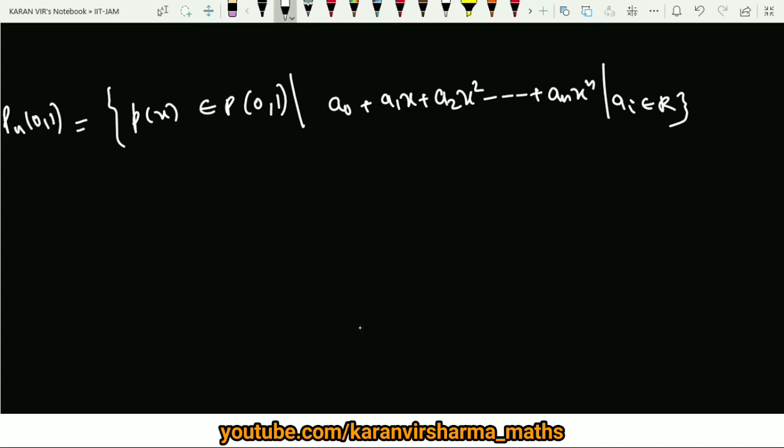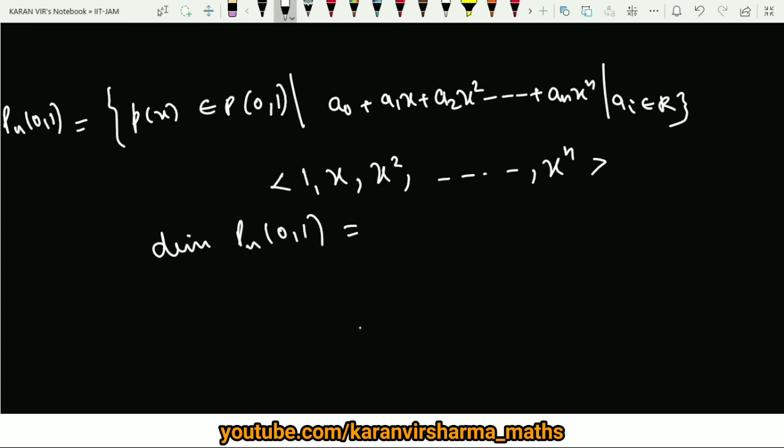So this is a collection of all the polynomials. This space can be generated by the standard basis, which is 1, x, x squared, x cube and so on to x^n. So the dimension of P_n is nothing but n plus 1.